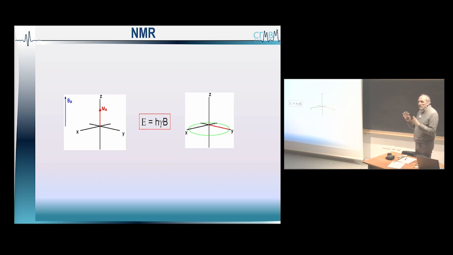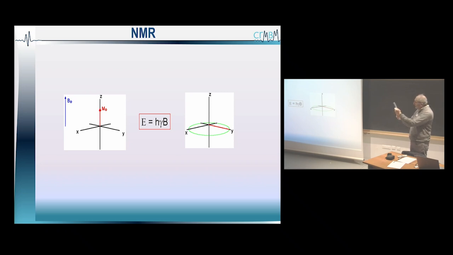If you imagine you have different spins aligned in one direction and in the other direction, and they are all rotating around the z-axis, and I provide this energy E, you are going to have exactly the same number of nuclei precessing in one direction and the other direction.